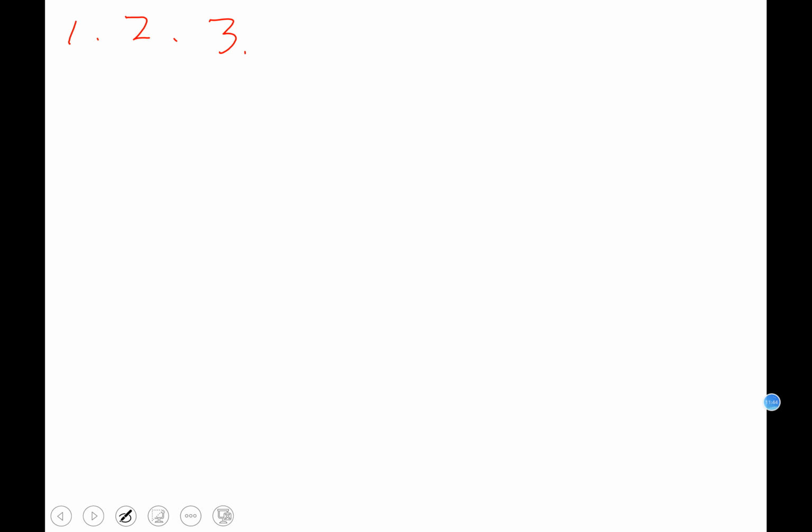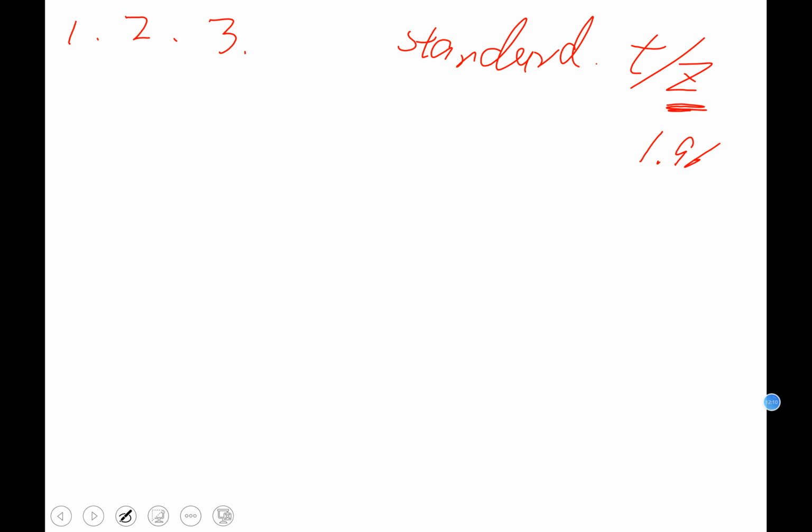And we need to find a special standard t or z value. We can get this value from the appendix table. For z, when alpha equals 0.05, z is 1.96.